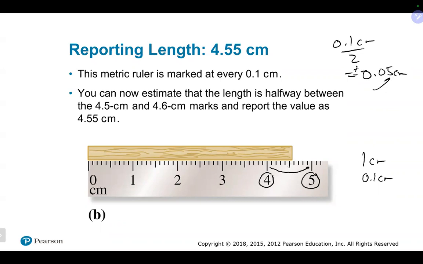So this is at least 4.5 here, which is this mark right here, 4.5. Again, it looks like it's just a hair over that. So we would want to record 4.55 centimeters in this case, which has 3 significant figures. We again would not want to record just 4.5 because that would have only 2 significant figures, and you have the ability to go one more place to the right. Any questions on that?